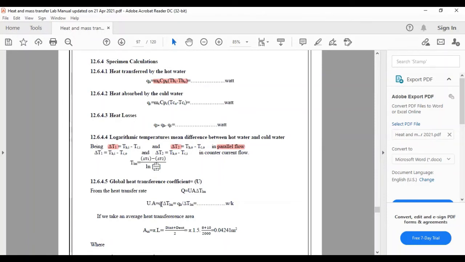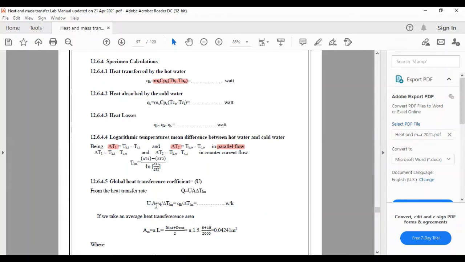This small q represents the capital Q; they are the same. We may use the value of QH or QC, either one, because the heat transfer from hot water to cold water should ideally be the same. So if we divide it by delta TLM, we get the value of U times A.